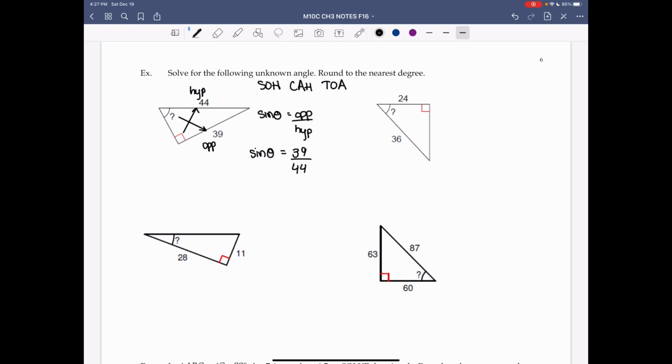And then we want to move the sine portion to the other side of the equals, so we do our sine inverse to both sides. Sine inverse and sine cancel each other out. We get theta equals sine inverse of the fraction 39 over 44, and then we calculate.